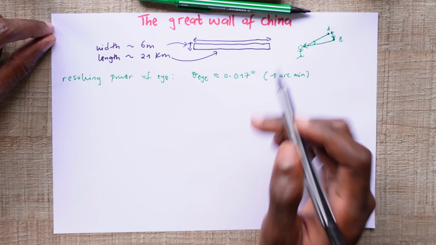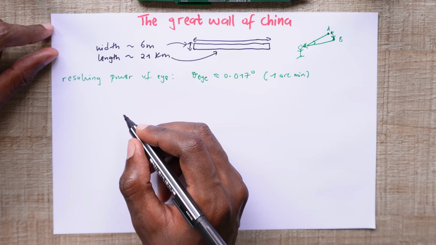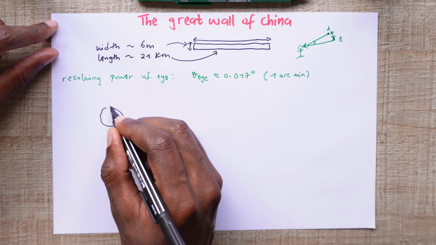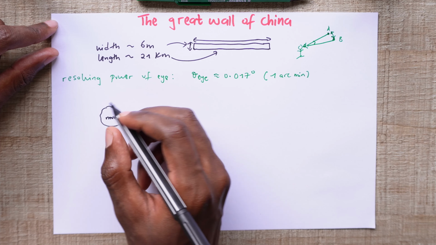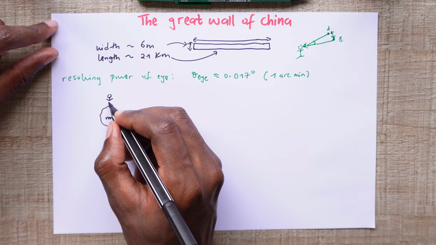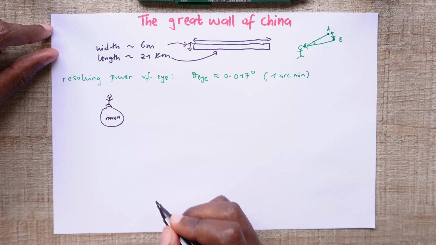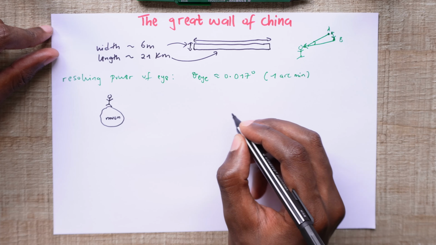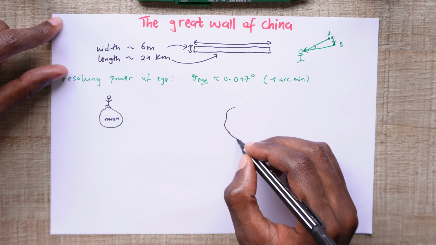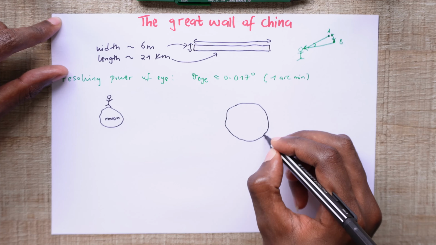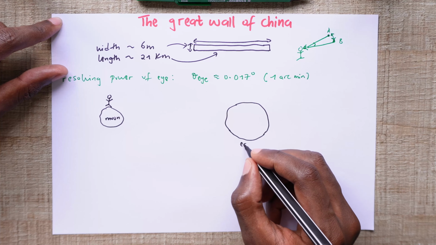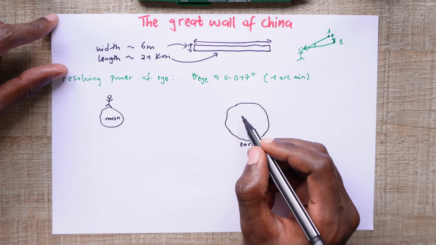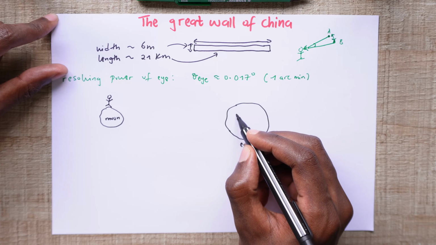So let me just make a small sketch. So let's say here's the moon and you're standing somewhere here. I'm not very good at drawing. Hope that works. So let's say this is the moon and here we have the earth, of course, which is much bigger. Oops, okay. My diagram is not that bad. So let's say this is the moon, this is the earth, and that we are looking at the Great Wall.